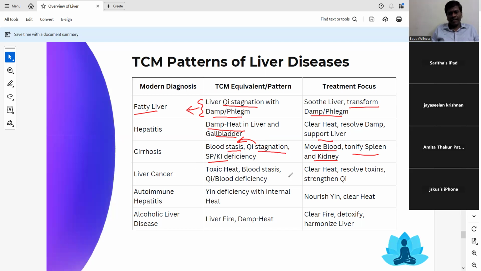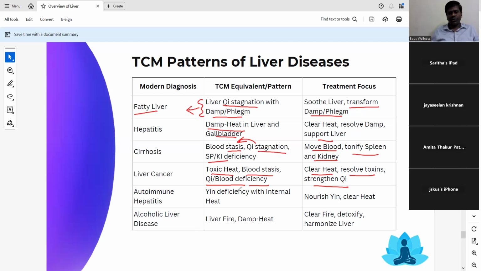In case of liver cancer, it is due to toxic heat, blood stagnation, chi or blood deficiency. Accordingly, we'll have to clear the heat, resolve the toxins, strengthen the liver chi.